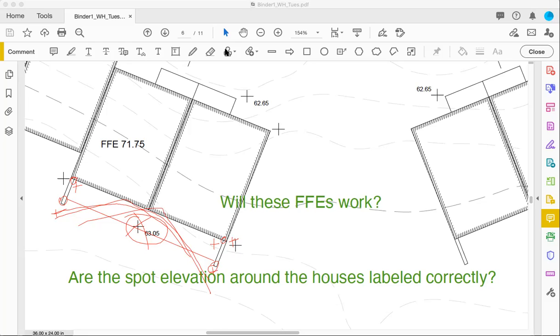Only if necessary do you include more spots that are not at the corners or at the end of the walls.